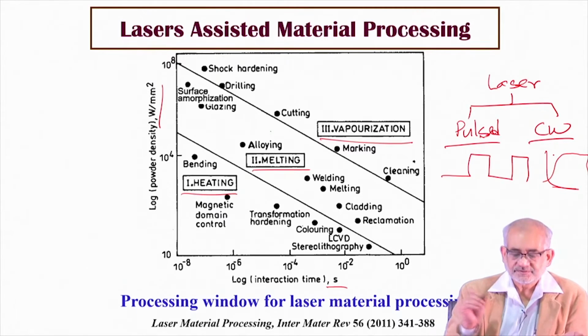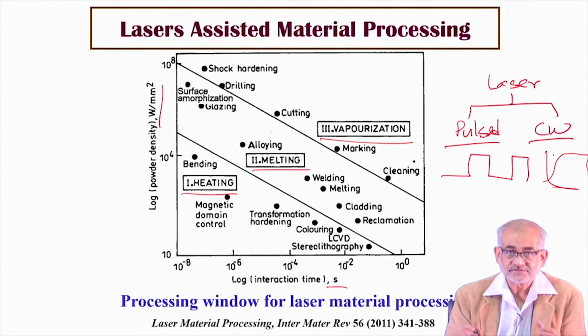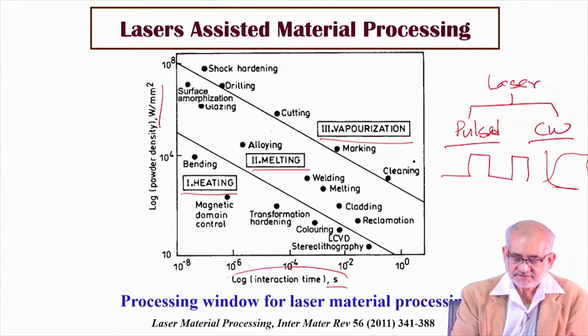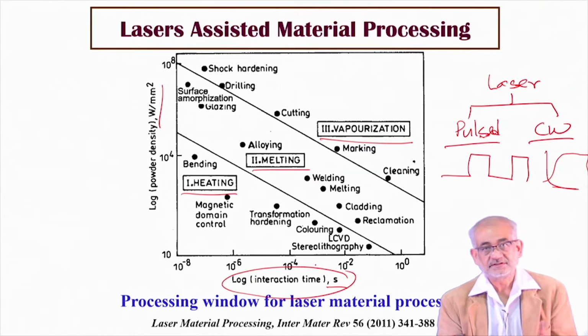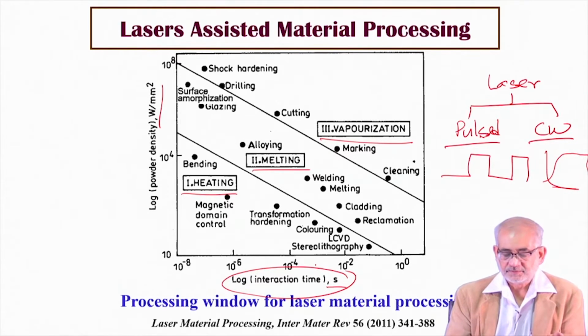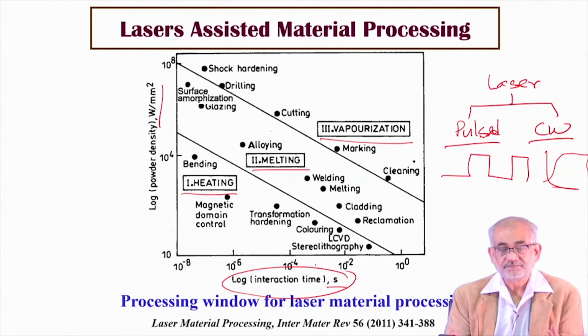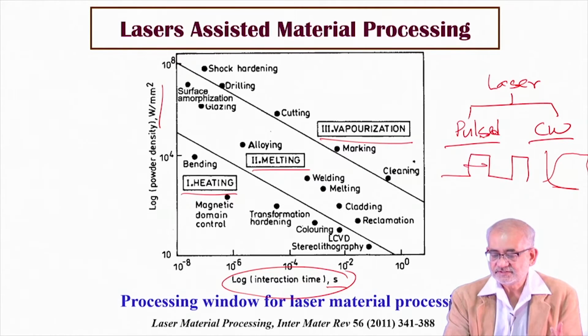The basic thing that I'm trying to emphasize, and this is what all of you will have to remember always while dealing with laser, is that there are only two major process parameters: the interaction time, which in case of pulse laser is simply the pulse on time, and you can either go by the cumulative time that the laser beam is on, or else simply the pulse width. Essentially, this width is the so-called time that we are talking about.